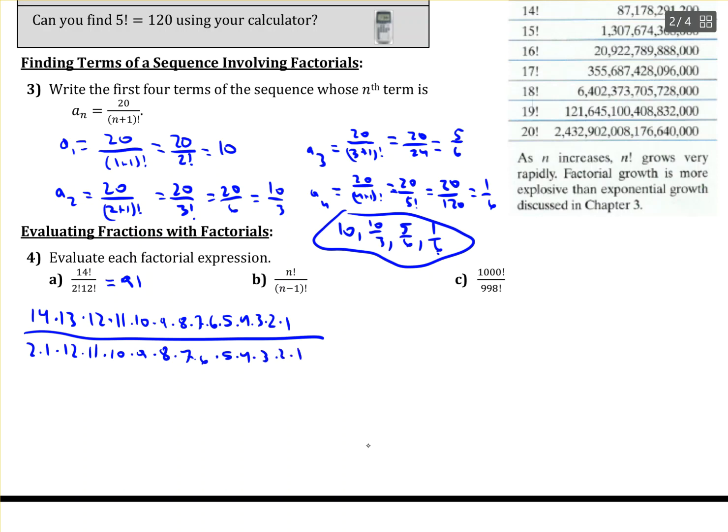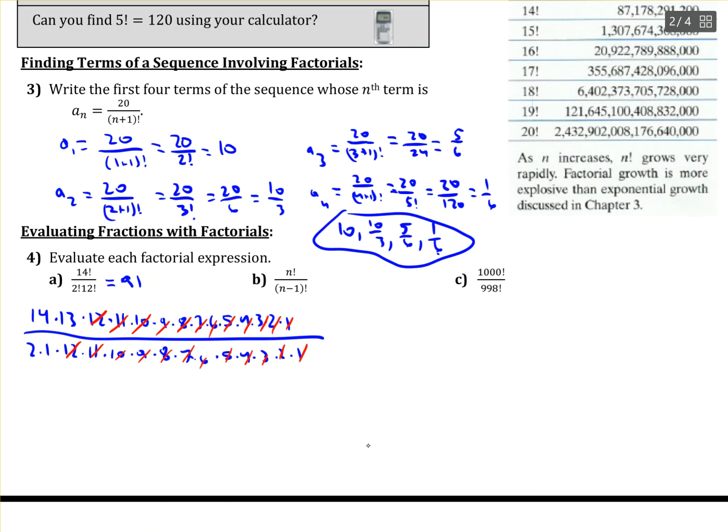Now, normally you will not see me writing all this out like this. But this time, just for the first time, I actually am going to, and notice what happens here. I've got a 12 here, I got a 12 here, 11 here, 11 here, 10, 10, 9, 9, 8, 8, 7, 7, 6, 6, 5, 5, 4, 4, 3, 3, 2, 2, 1.